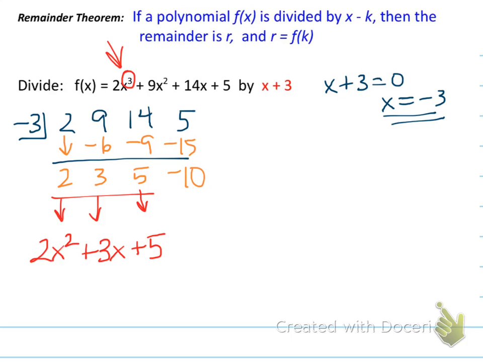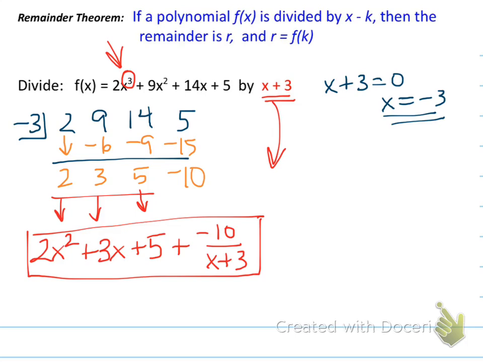remainder. So if you remember when you're dividing with just regular integers, you would write the remainder over the divisor, so it's going to be plus negative 10 over our divisor of x plus 3. And so this is the result that we get when we divide that cubic function by that binomial.